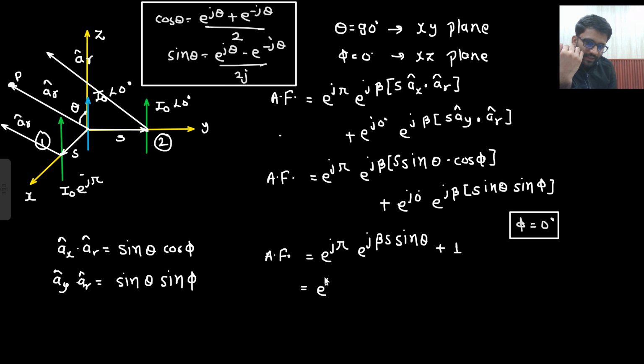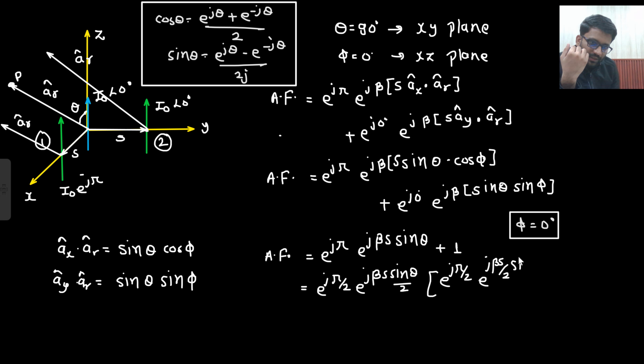So what I can do is take e to the power j pi by 2, e to the power j beta s sin theta by 2 outward. So here what will I be left with? e to the power j pi by 2, e to the power j beta s by 2 sin theta, plus e to the power minus j pi by 2, e to the power minus j beta s by 2 sin theta.